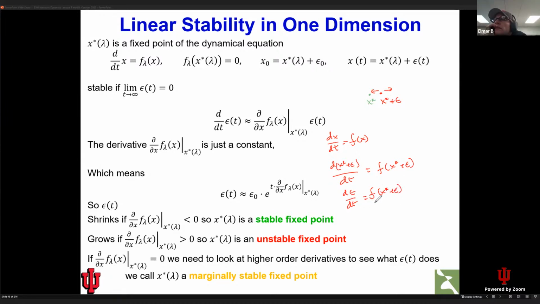Now, because epsilon is small, I now expand f. And so now I remember the Taylor expansion that says d epsilon by dt is equal to f of x star, that's the zeroth order term, plus df by dx at x star times epsilon, plus stuff which is of order epsilon squared and higher.